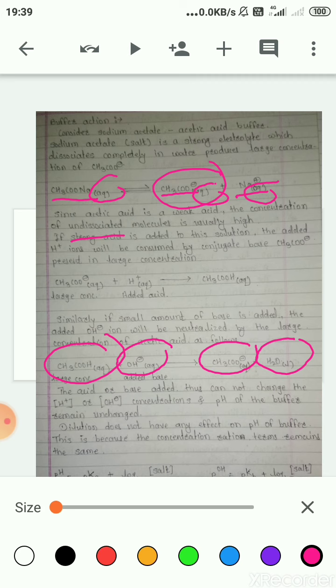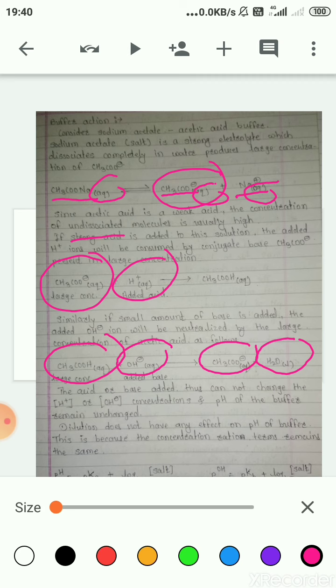That is, if we add acid to the solution, that acid is neutralized by the acetate ion, which is formed by the sodium acetate, while if we add a base to the buffer solution, the hydroxide ions are neutralized by the H plus ion of acetic acid.